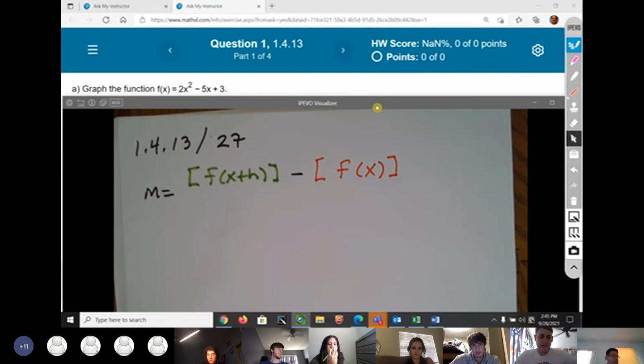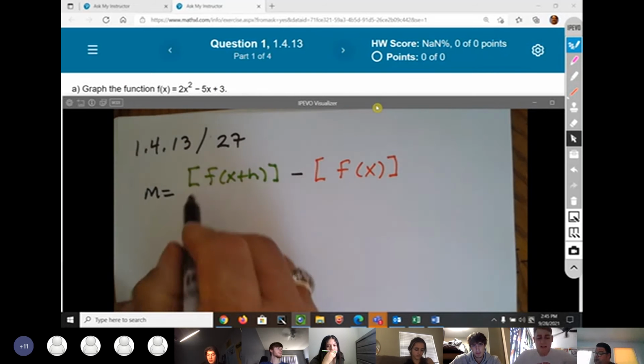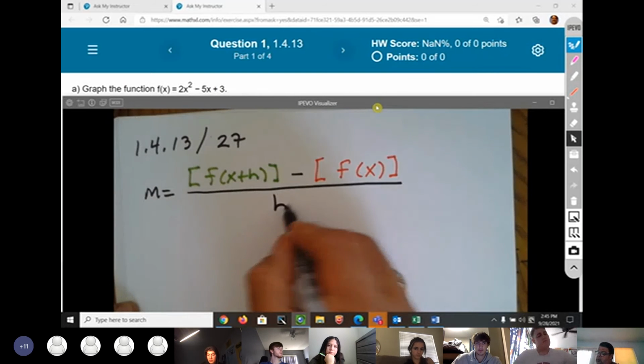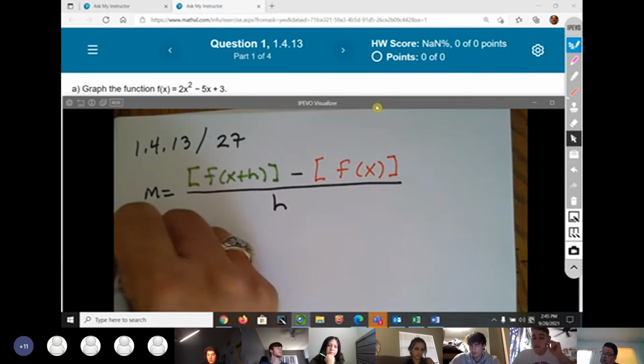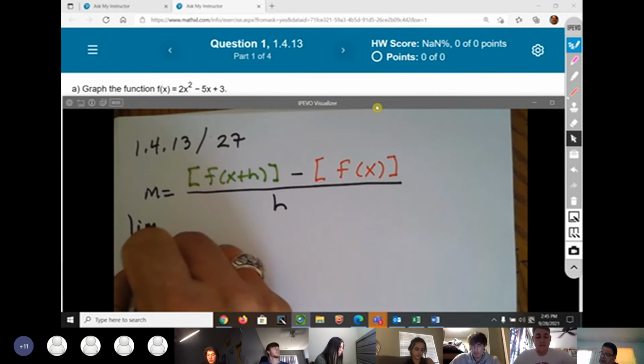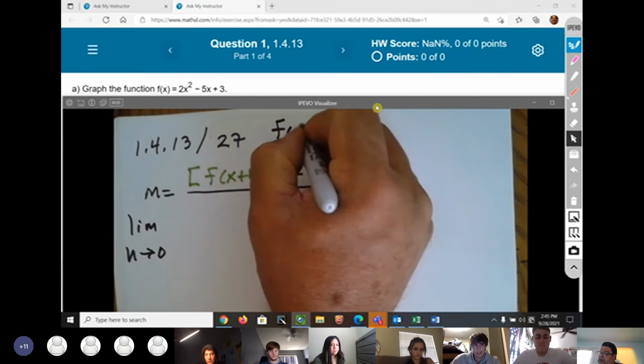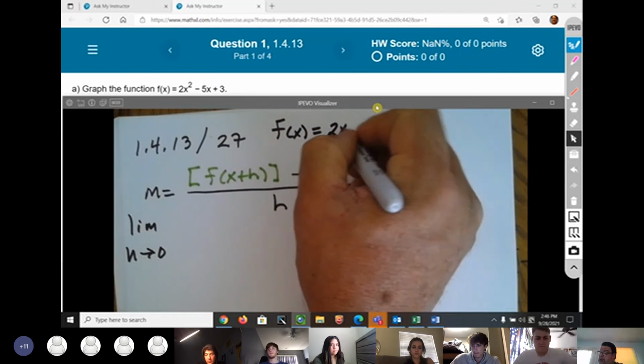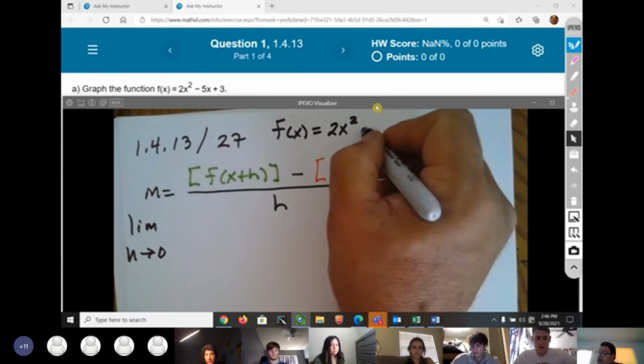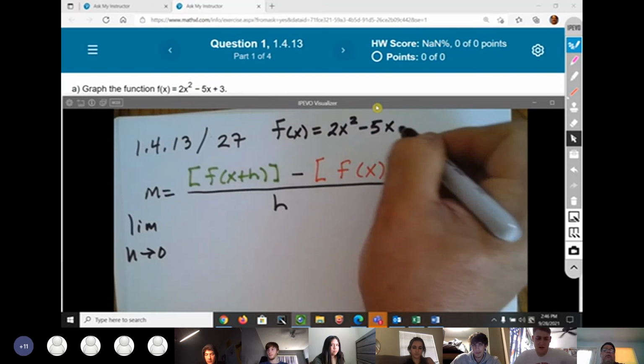And then we're going to apply the limit as h approaches 0. So I'm going to rewrite our problem on the paper here. F of x is equal to 2x squared minus 5x plus 3.